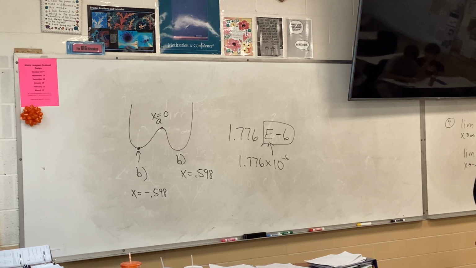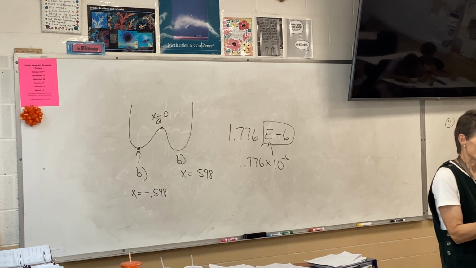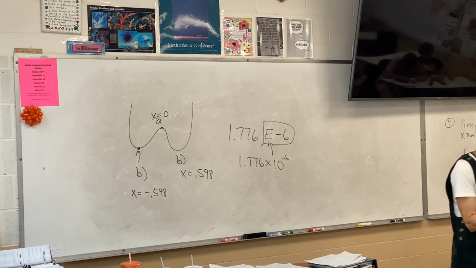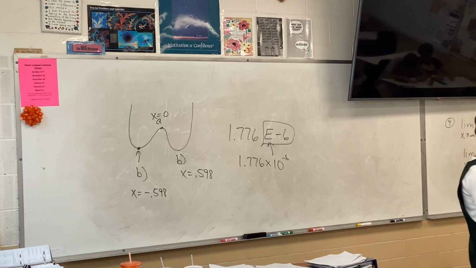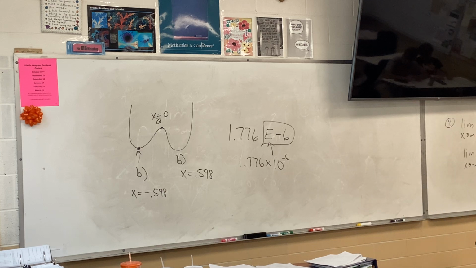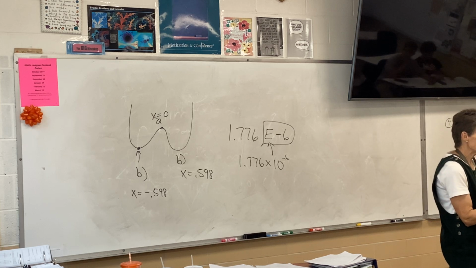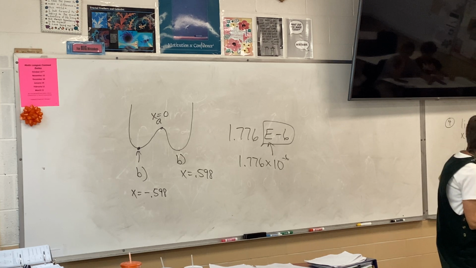For number 3, you are to fill in either increasing or decreasing. So what do you think? The picture that I drew is increasing at a decreasing rate. It's increasing because it's going up, a decreasing rate because it's concave down.